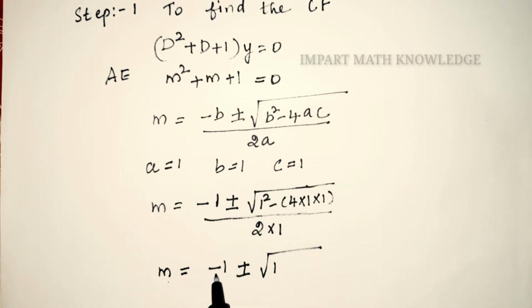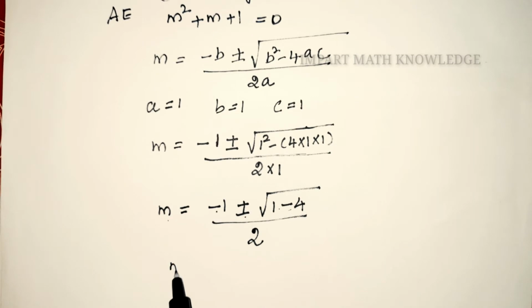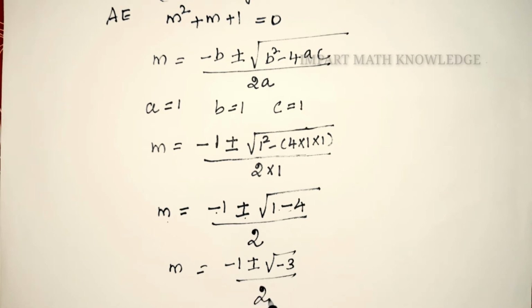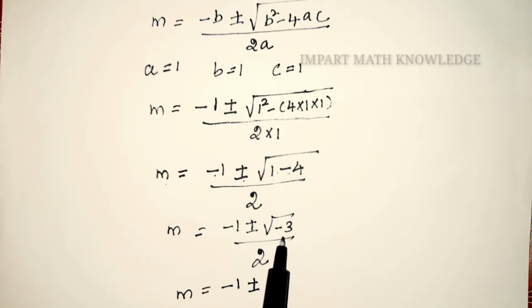So m is equal to minus 1 plus or minus root of 1 minus 4, divided by 2. Now m is equal to minus 1 plus or minus root of minus 3 by 2. So m is minus 1 plus or minus i root 3 divided by 2.